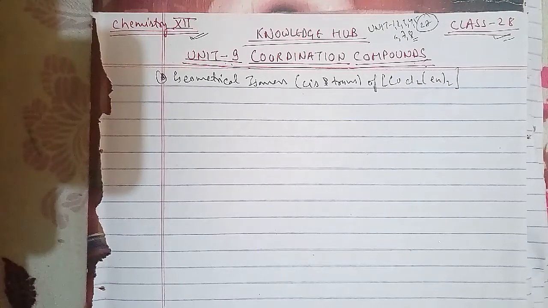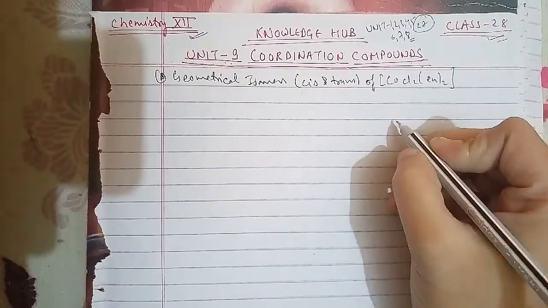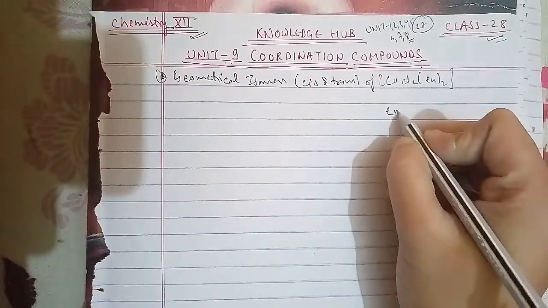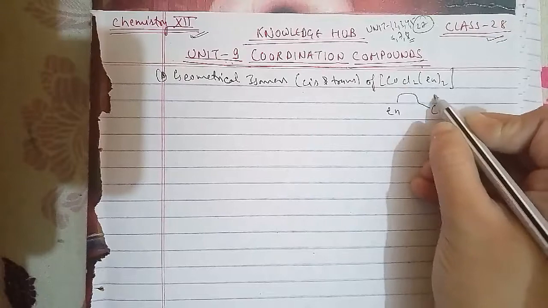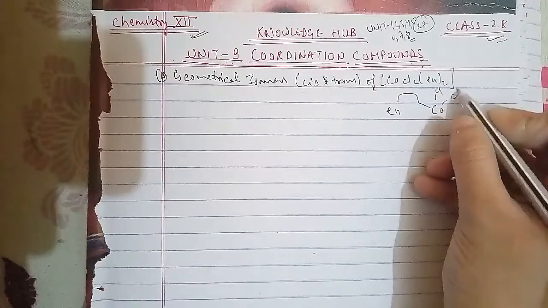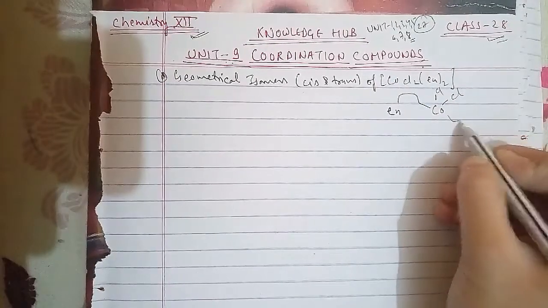For the same case, a figure is represented here: en, Co, Cl, Cl, en, and this is en.